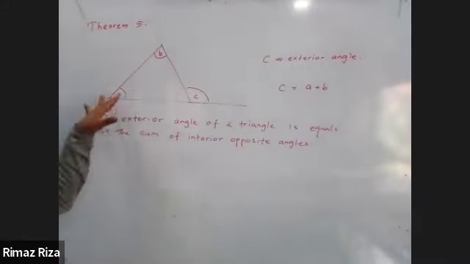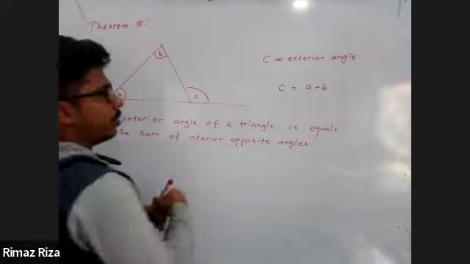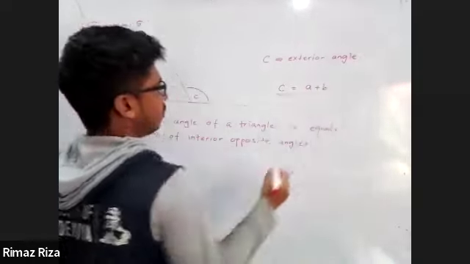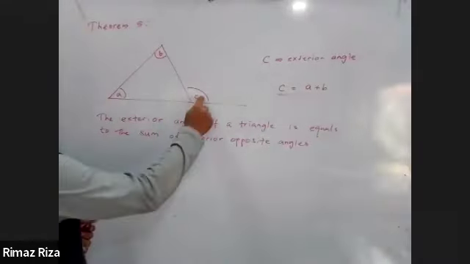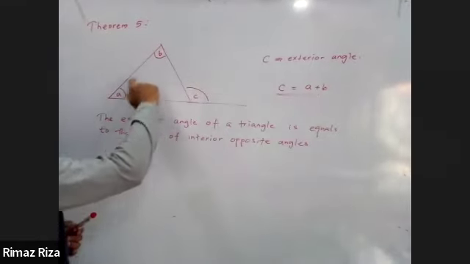Then you can draw this and write C equals A plus B. The exterior angle is equal to the sum of interior opposite angles.